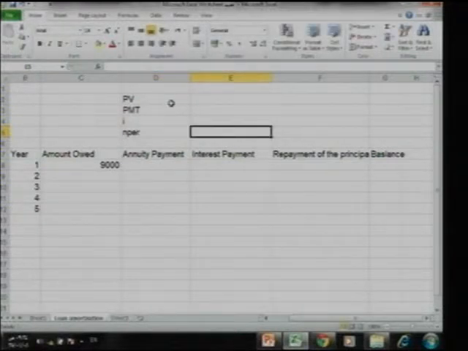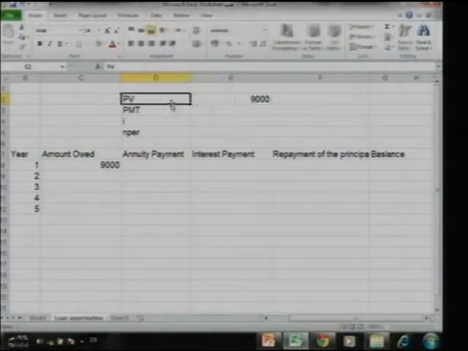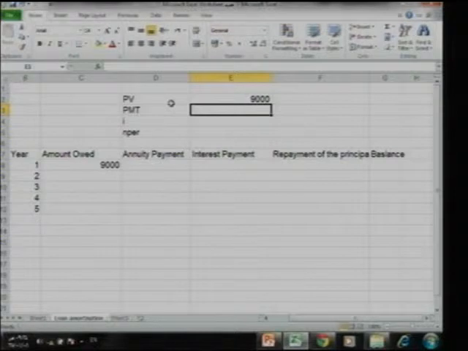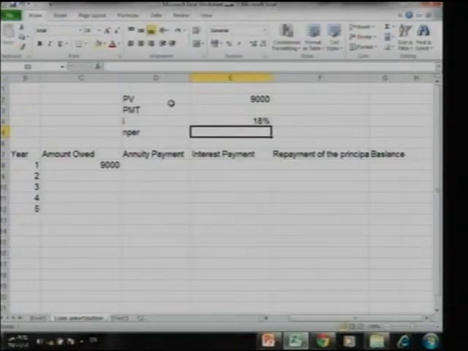So what is the present value? $9,000. The payments? We don't know the payments. What is i, the interest rate? 18%. And the number of periods, how much?